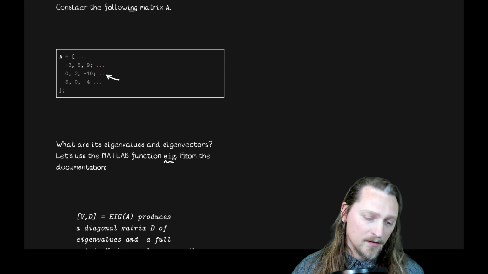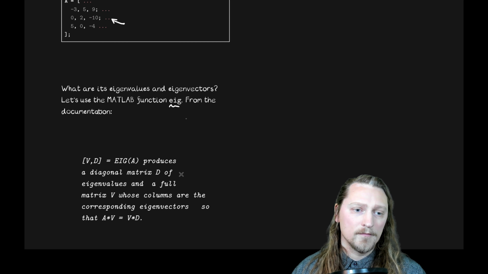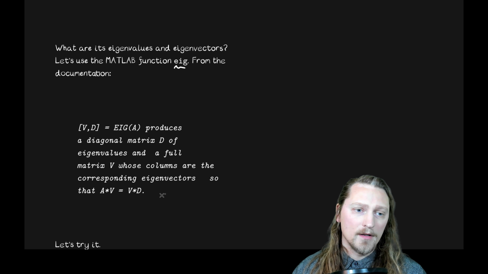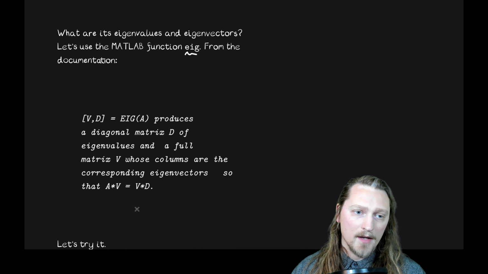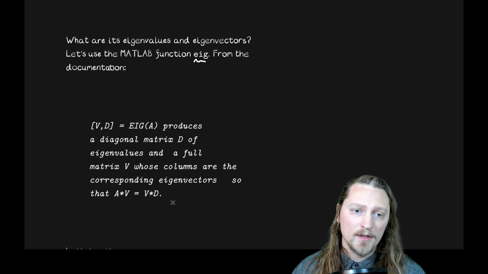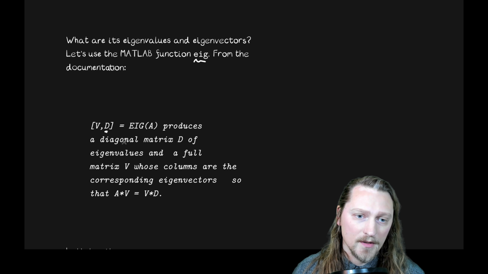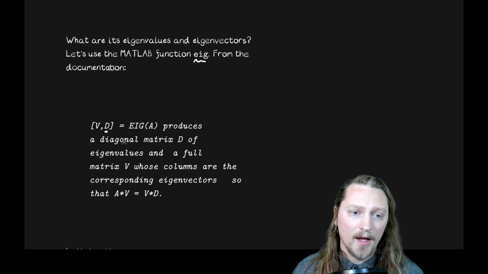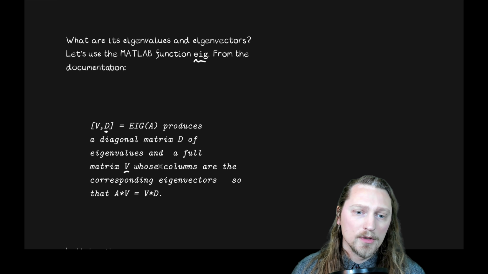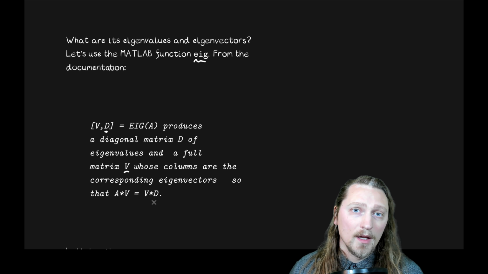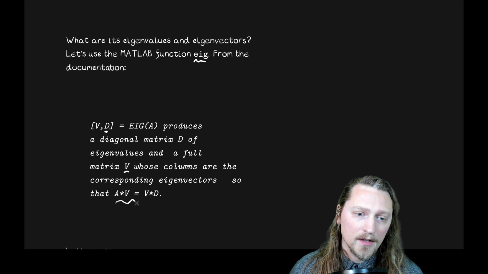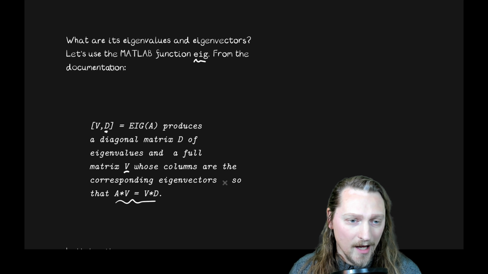From the documentation, they say that if we use this eig function, as long as we ask for 2 different outputs, it will return a diagonal matrix D of eigenvalues, and a full matrix V whose columns are the corresponding eigenvectors, so that the standard eigenvalue eigenvector problem is satisfied. So it's written in a bit of a matrix form. We would expect no less from Matlab, of course.